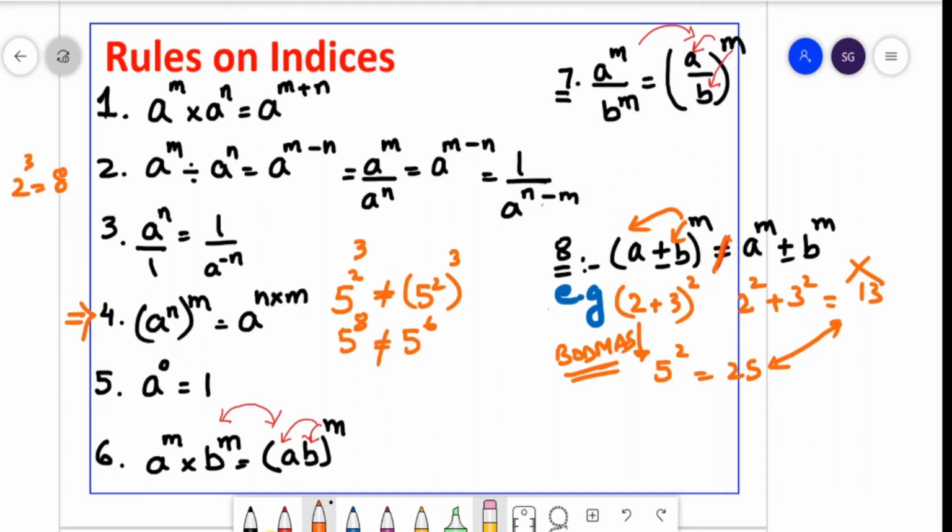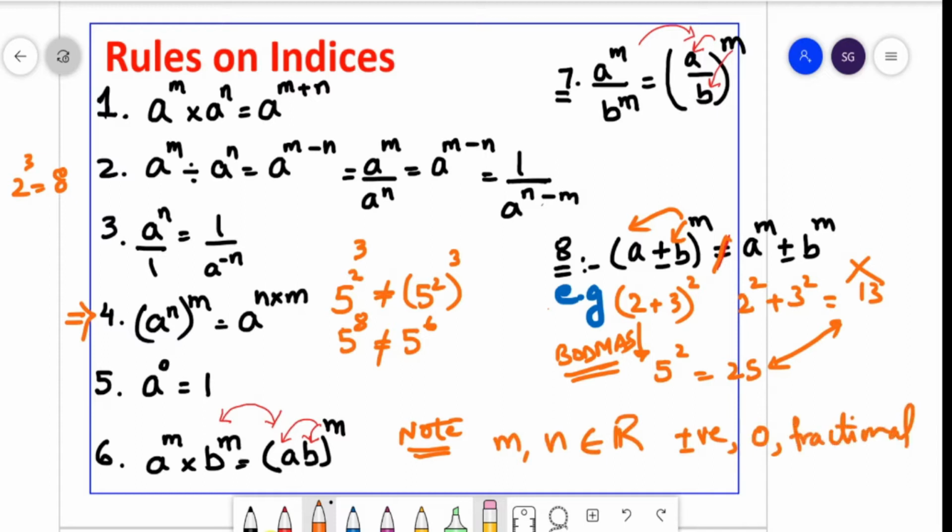So these are the 8 rules that we can list so far. And remember, these powers m and n, this is a note here, that m and n could be any real number. When I say real number, they could be positive values, negative values, they could be 0, or they could be fractional as well. Fractional means, let's say we have power 2 over 3, or power 4 over 5, or negative 4 over 5. These are fractional powers, but the rules still stay the same.